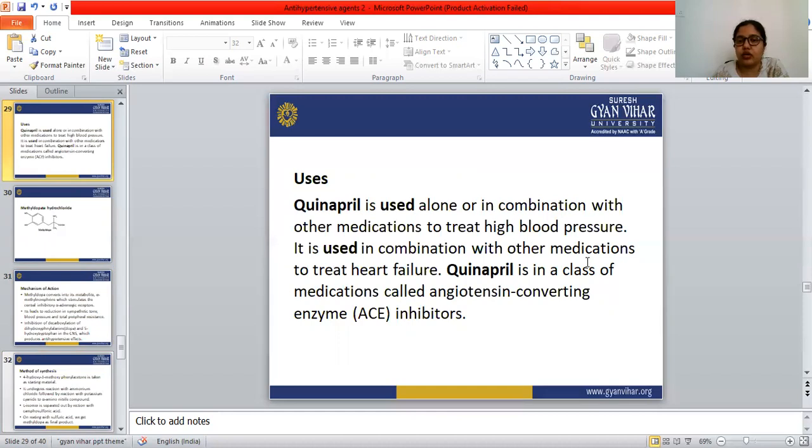Quinapril is in the class of medications called angiotensin converting enzyme inhibitors; ACE is decreased by quinaprilat, the metabolite of quinapril.